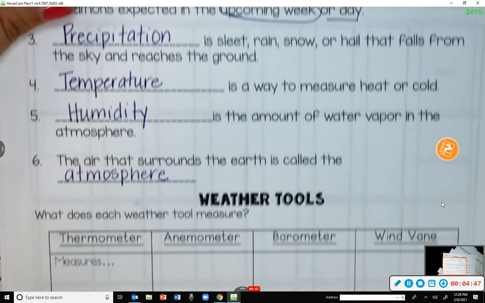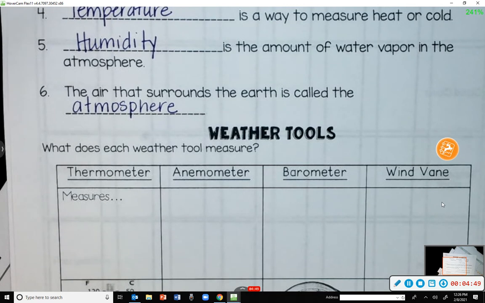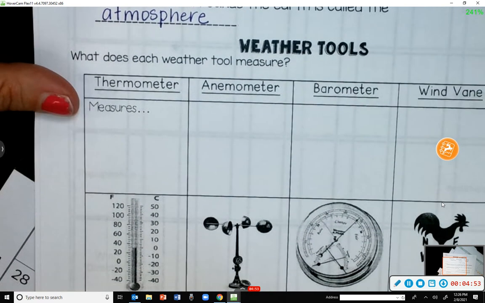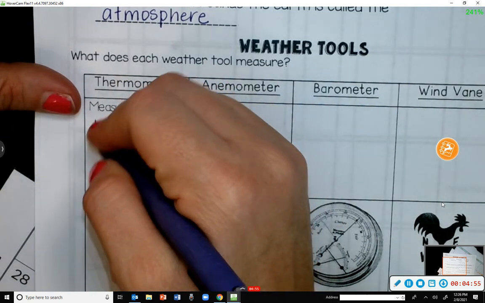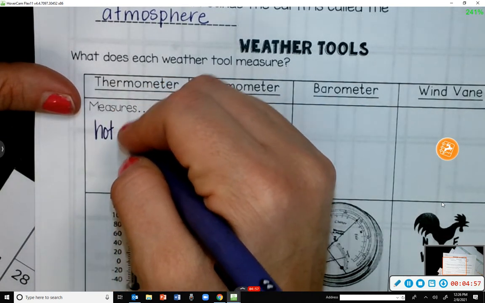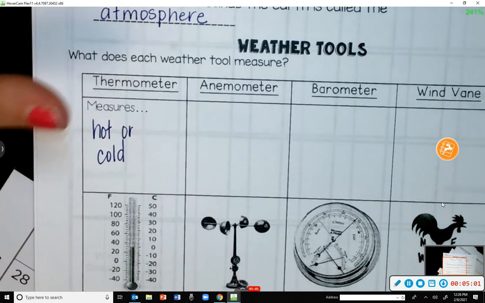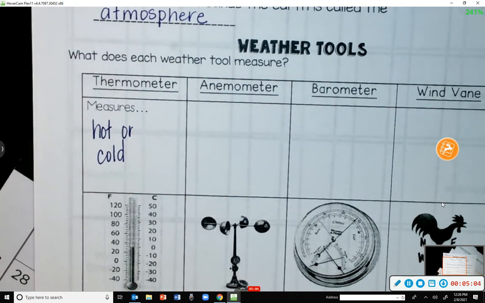Okay, so the tools. Thermometer measures what? Hot or cold? Anemometer.